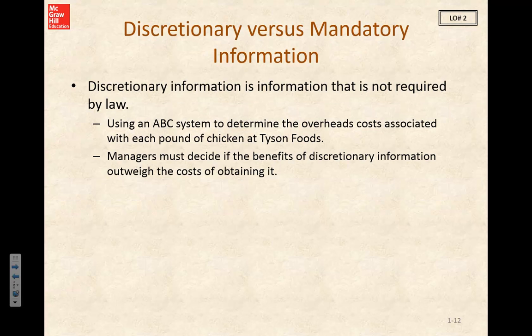So now let's take a look at discretionary versus mandatory information. Discretionary information is information that is not required by law. Though not required by law, it can really be that information which allows your business to step ahead of the rest.